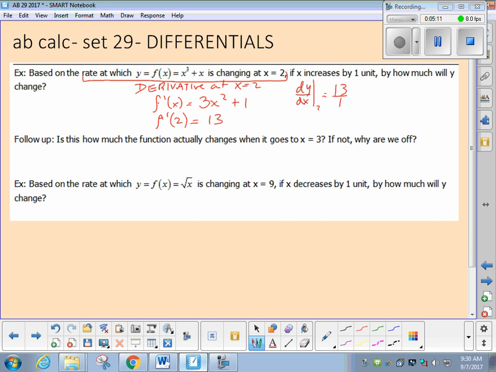So in terms of answering the question, at that rate of change, if x increases by 1 unit, I would expect y to change by 13 units. That seems like a lot of change in y.